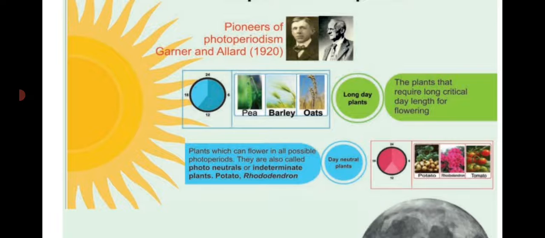Then what is photoperiodism is a very, very important 2-mark question. That means the response of plants to the relative critical day length, that means light and darkness, is known as photoperiodism.